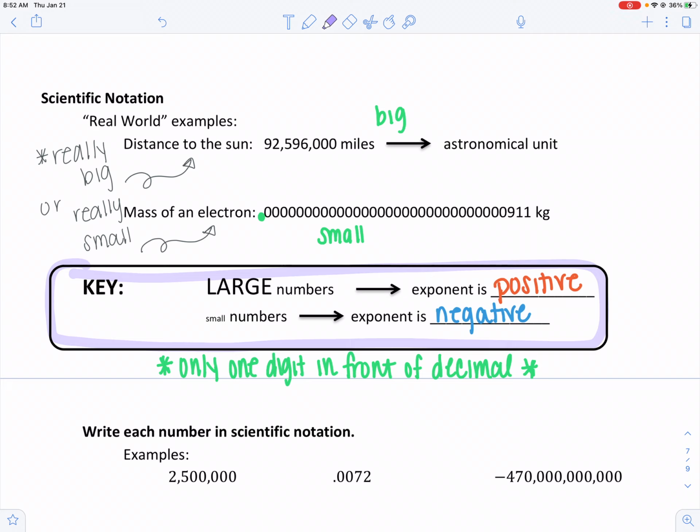If numbers are really small, like they're a decimal, like we see the mass of the electron, 0.000000 and so on, those exponents are going to be negative. With scientific notation, the trick is that I only want one number in front of the decimal.